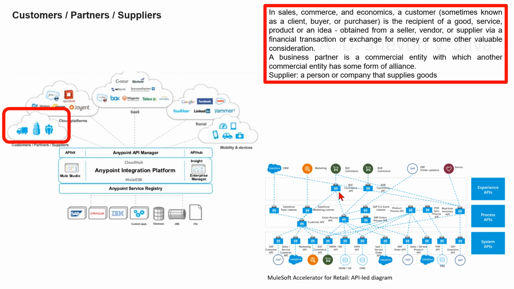New customer orders created in B2C commerce are posted through this API for further processing by downstream APIs and implementation. Get real-time inventory products per store in B2C commerce from SAP S4 HANA.